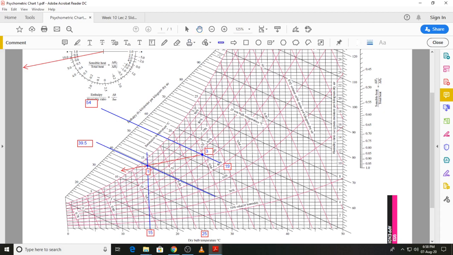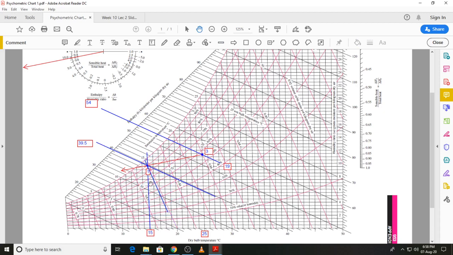And again let's just confirm that last value, and to do that I will again draw a constant specific volume line. This line is, then we will look at its value when I move it to the state point at state 1.